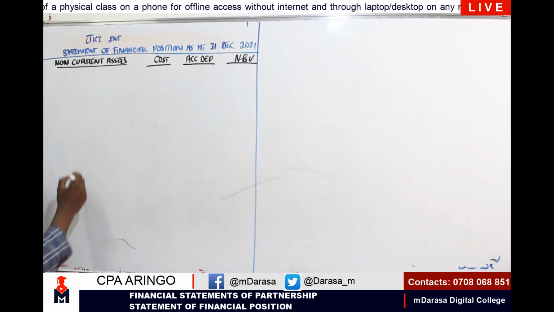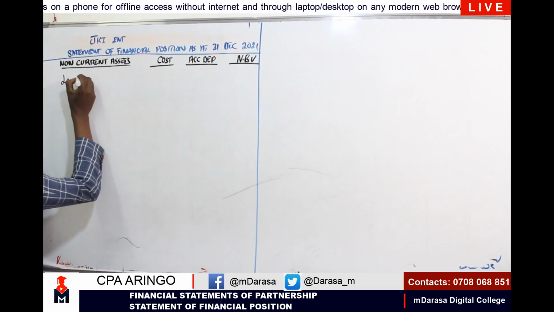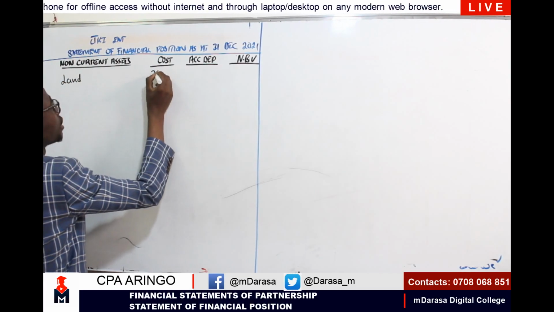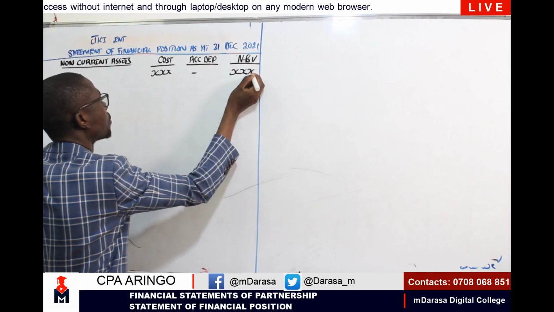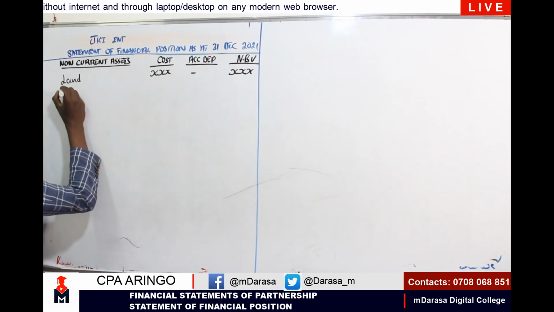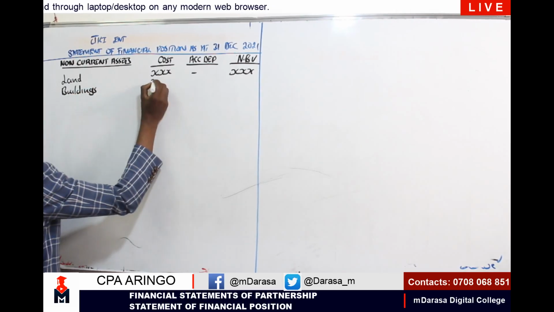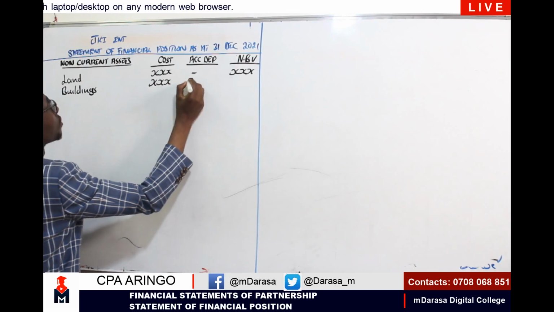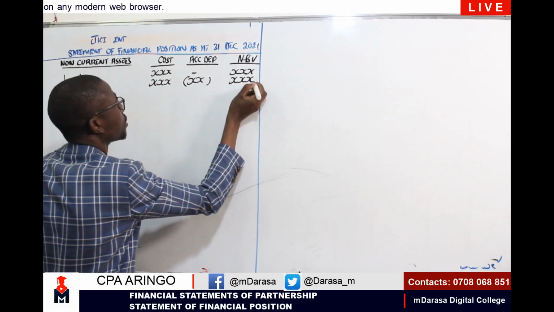So we start with, say, land, if at all we had any. Buildings, for example, with cost, accumulated depreciation, and net book value.